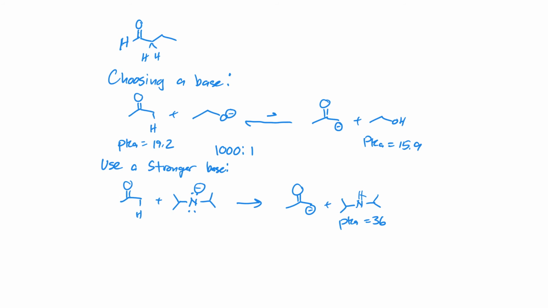Nitrogens or ammonias, amines, typically have pKa's around 36. And we already saw the pKa of acetone is 19.2. Now you can do the math. This is nearly 17 orders of magnitude difference. And anytime we're at 10 or more orders of magnitude, we basically call it irreversible.